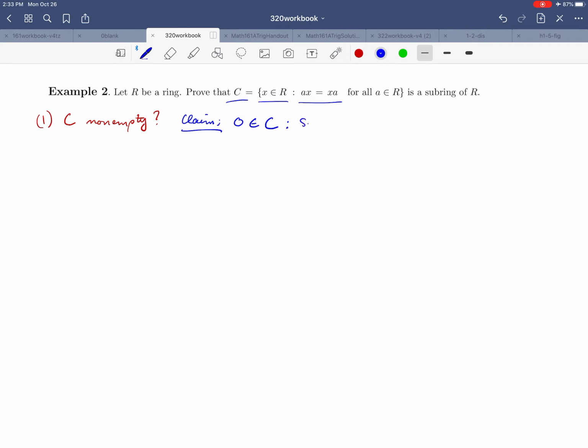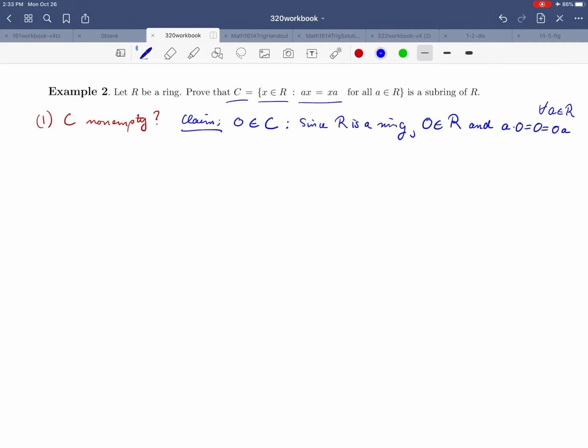Well, certainly, since R is a ring, zero is in R, and A times 0 is equal to 0, which is equal to 0 times A, and that is true for all A in R. We saw that in our rules of multiplication.